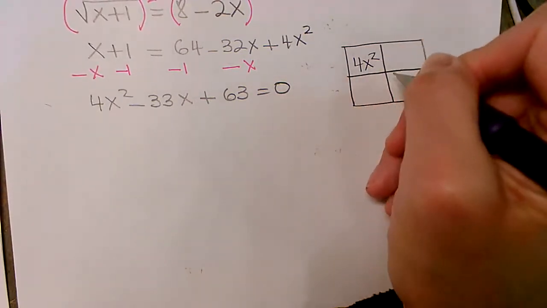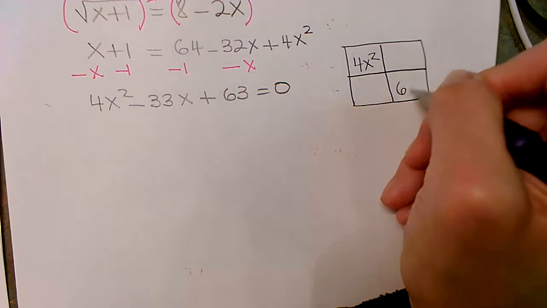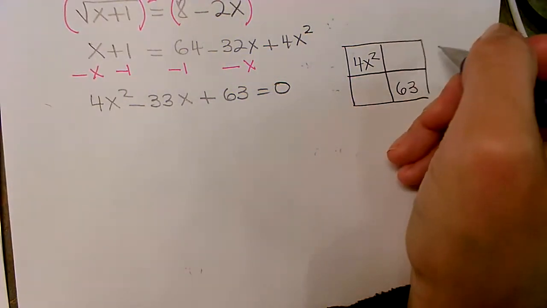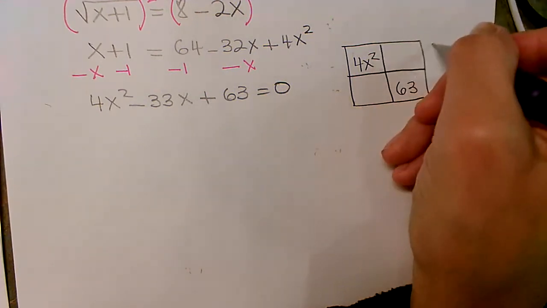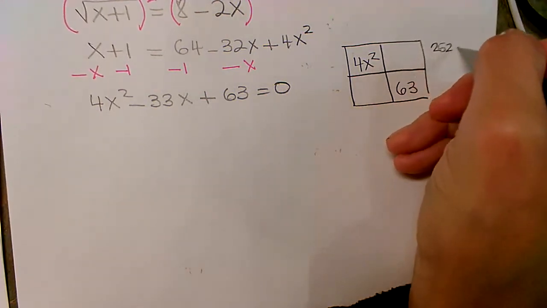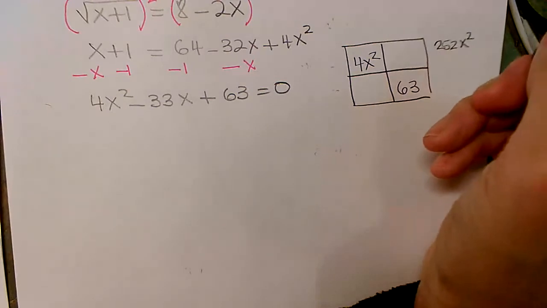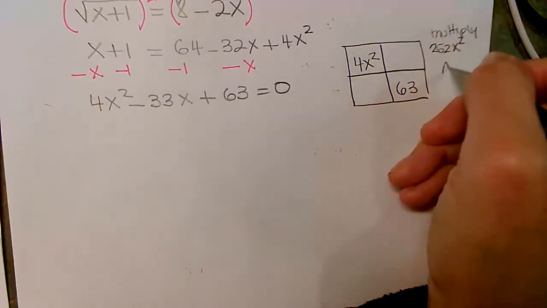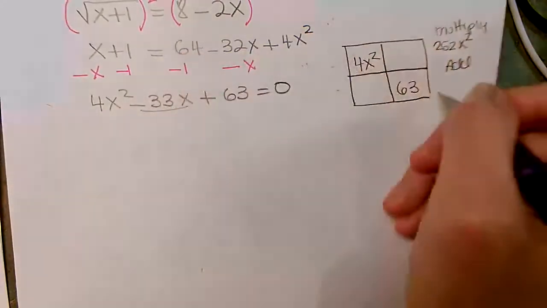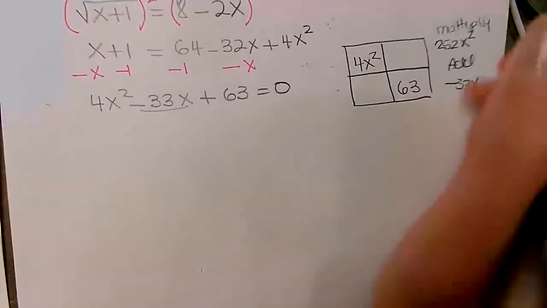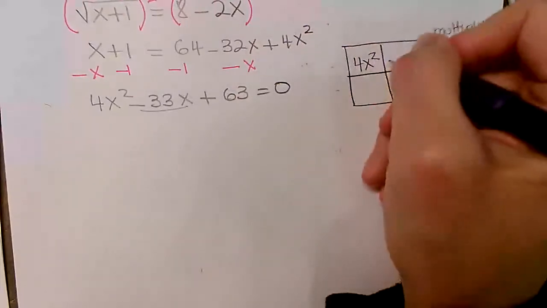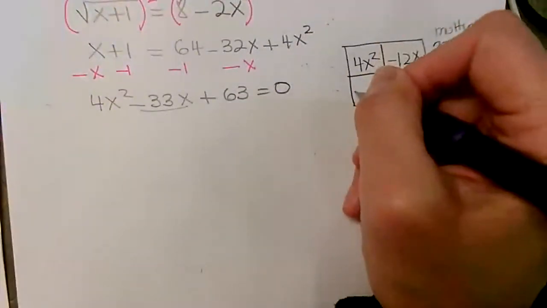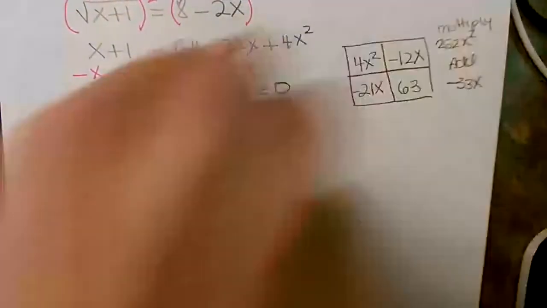This is 4x squared and this is 63. So you need a number that when you multiply it, which is 252x squared, and when you add, you get negative 33x. And those two numbers are negative 12x and negative 21x.